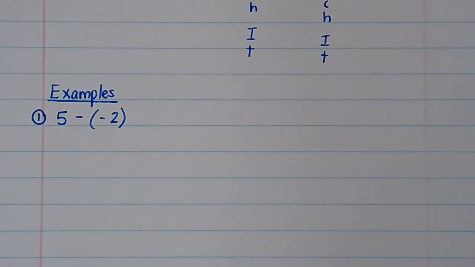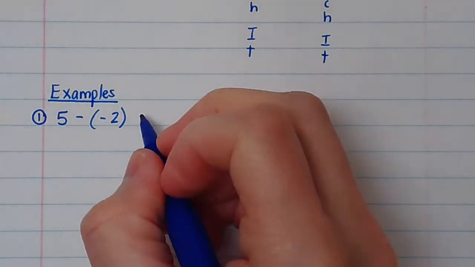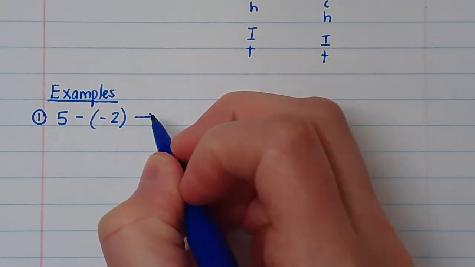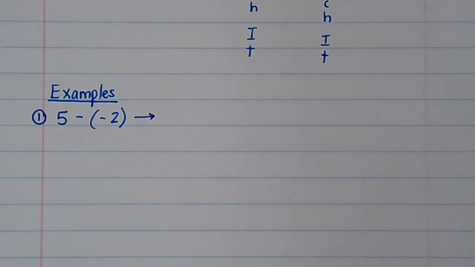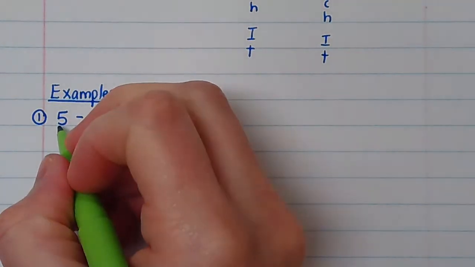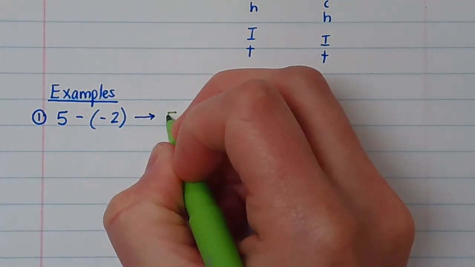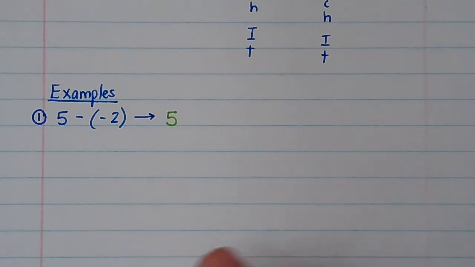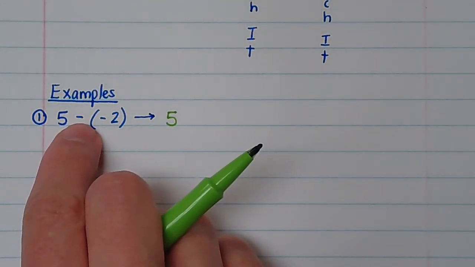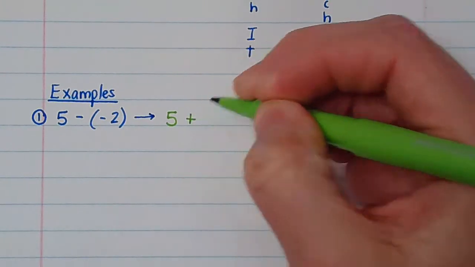You're going to take it one thing at a time and change this to be a different problem. So after we kiss, we are going to keep the first number. So you keep it. Next thing I get to is the subtraction sign. I'm going to switch the subtraction sign to a plus sign.